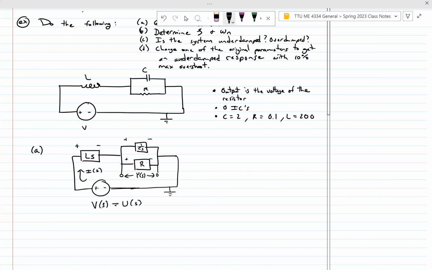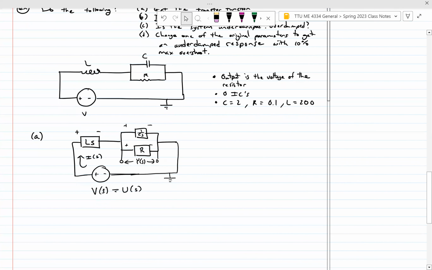We could also have currents for the individual resistors and capacitors here. Not sure if that's going to be necessary or not. All right, suggestions. Voltage law. Okay. Current law, voltage law. What do you guys want to do?